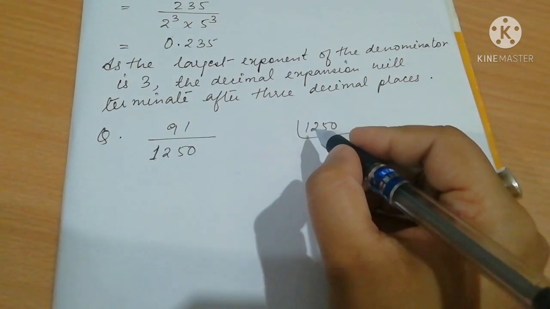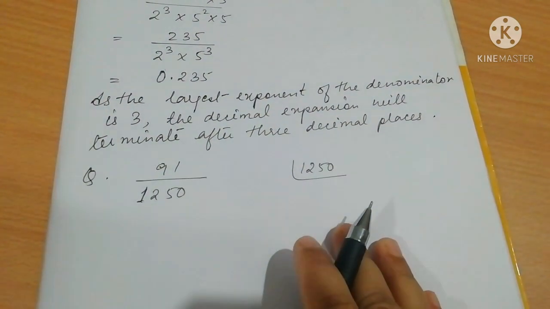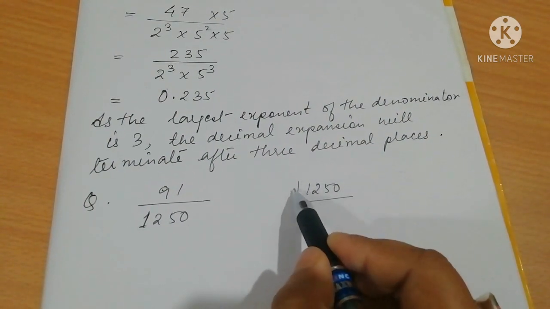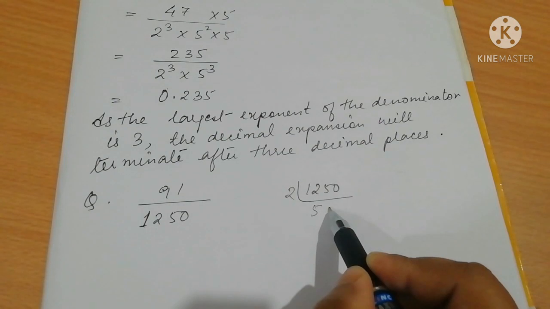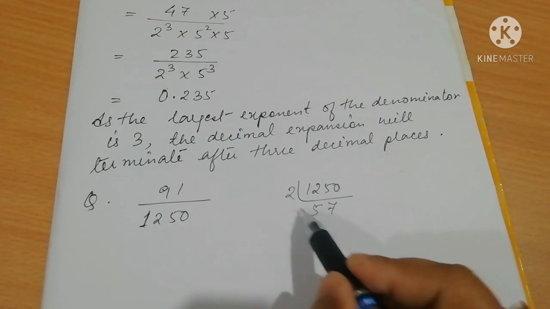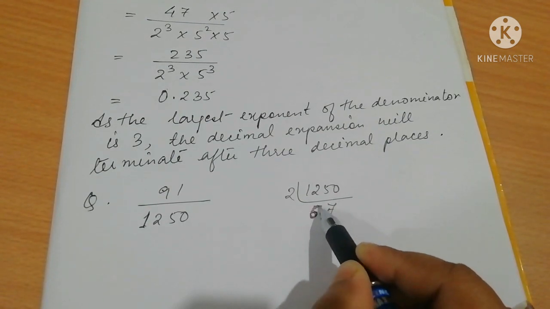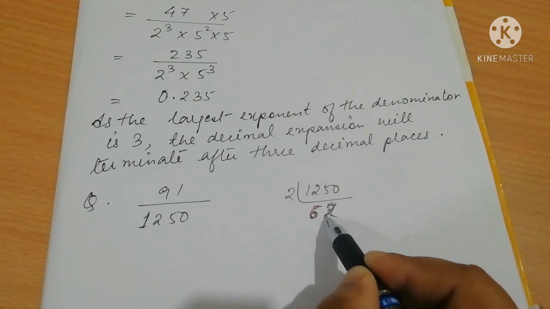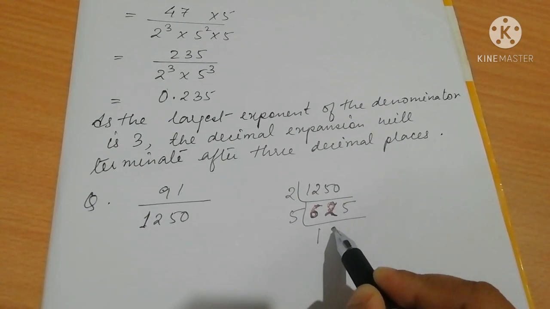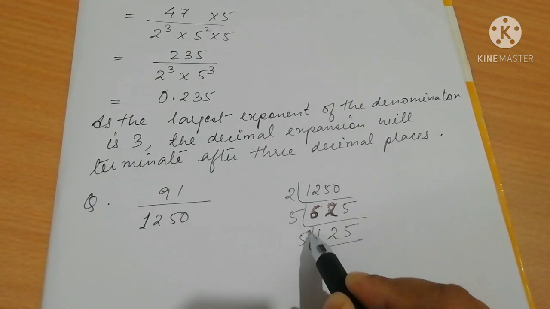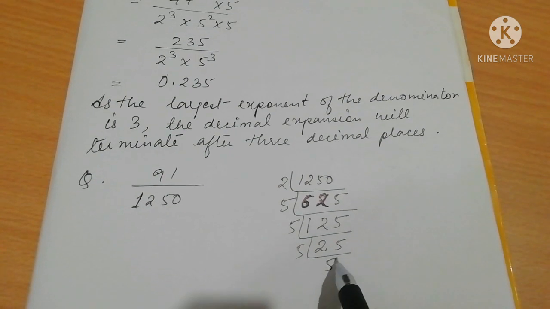1250. With 2 I can cancel. With 2 if I cancel, what I will write? 2 5s are 10, 2 6s are 12, 2 2s are 4, 2 5s are 10. 5 5s are 25.